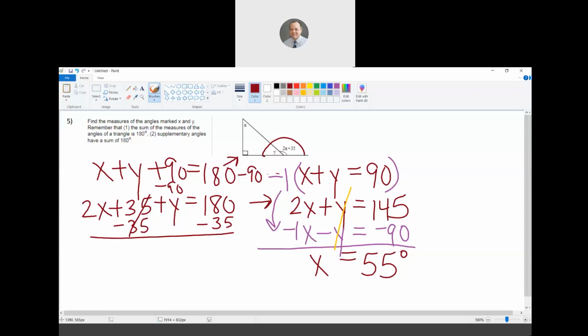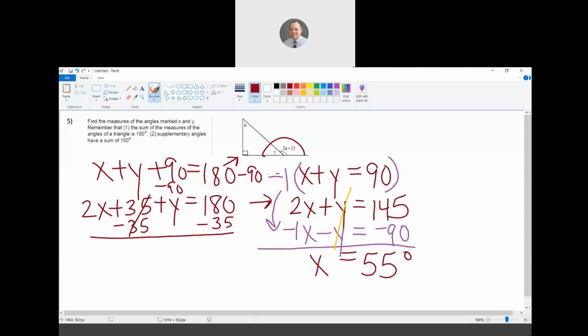Actually, it's not degrees, I'm sorry. It's just 55. So to find our first angle measurement, actually it is 55 degrees, I'm sorry.